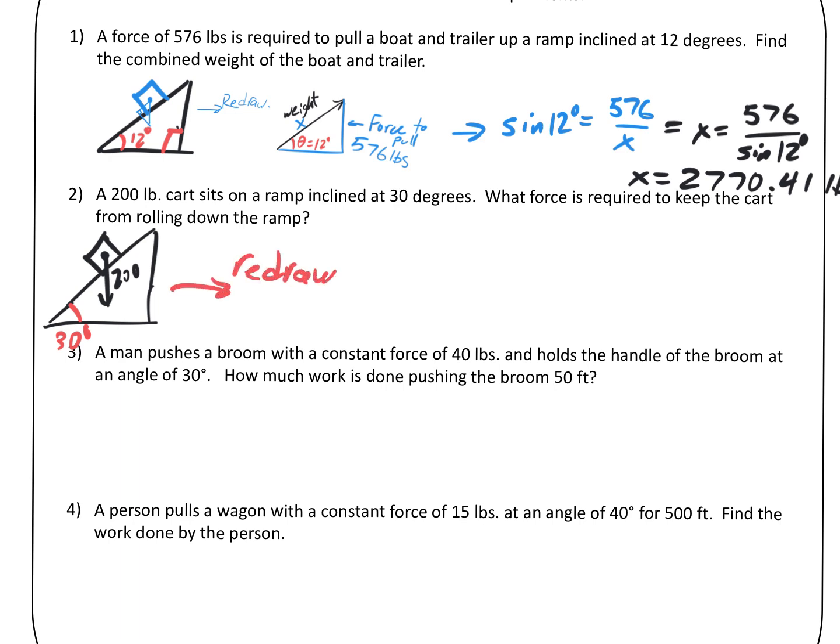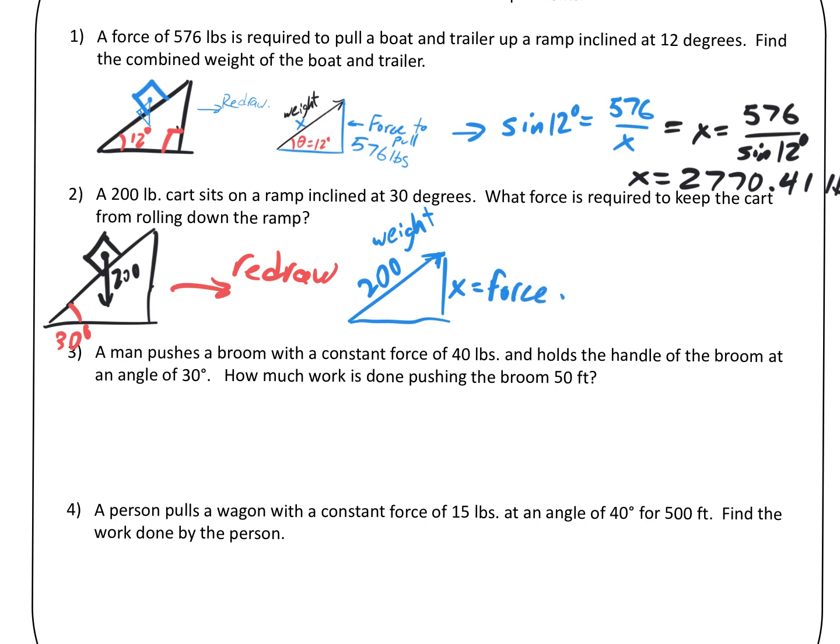Remember, these diagrams for ramps are not accurate to what you want to do with your vector. If I draw this, the hypotenuse, the long resultant vector, is going to be my weight. So this side right here is 200. That is my weight. I'm going to solve for this component of my vector, which represents the push or pull.